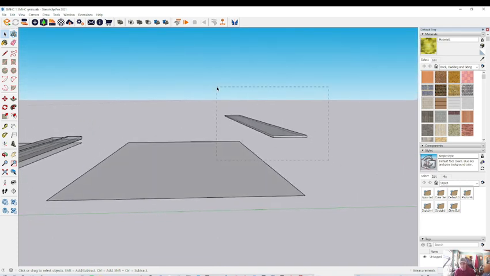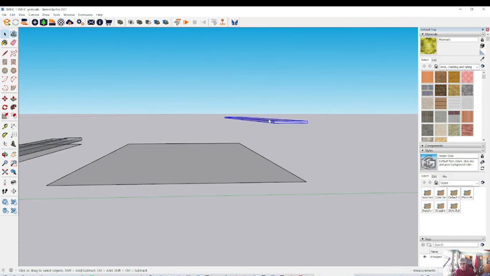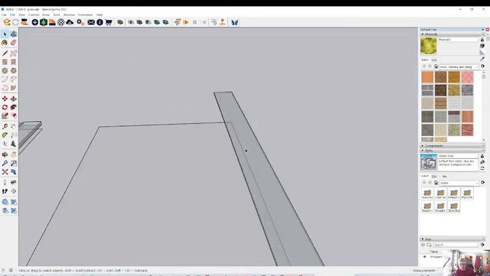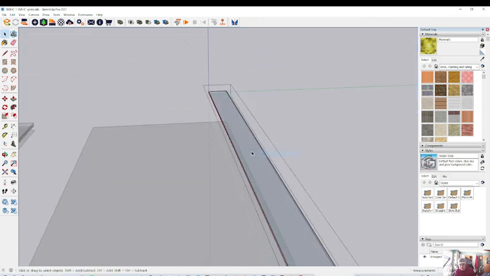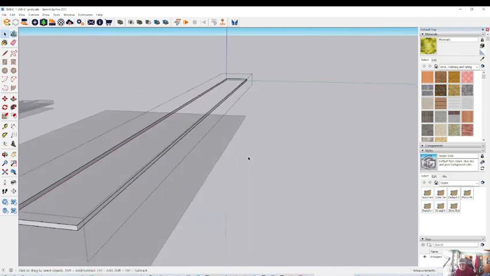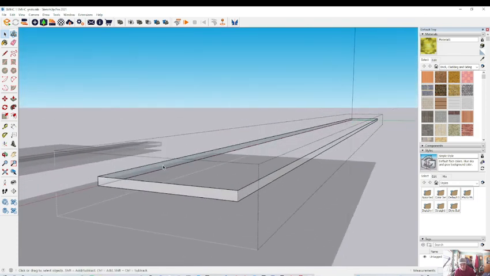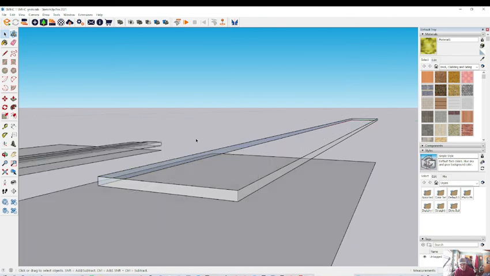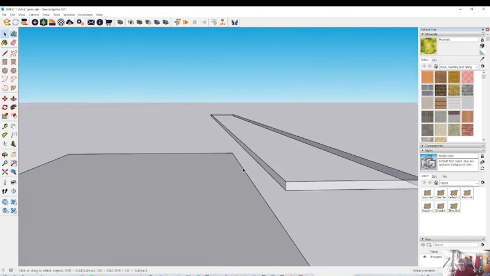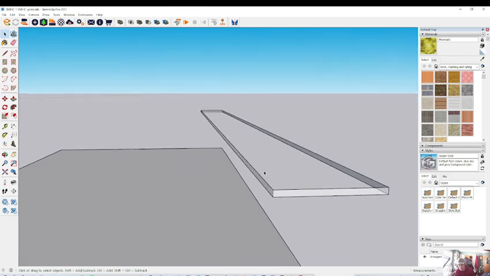So I'm going to take this here, just make it into a group so I can select it easy. Then I'm going to erase the faces because I don't need them. I'm going to keep the outside here because this is going to create a little bit more visual contrast. It's going to be easier to see, but these lines are not really necessary.